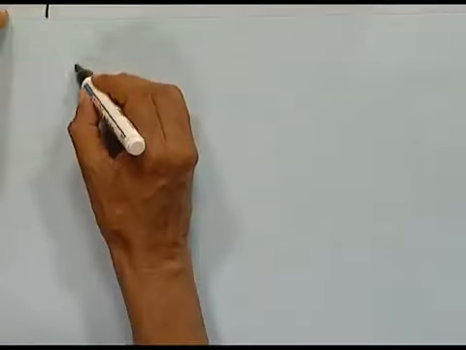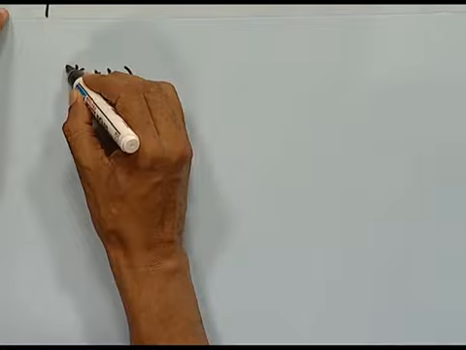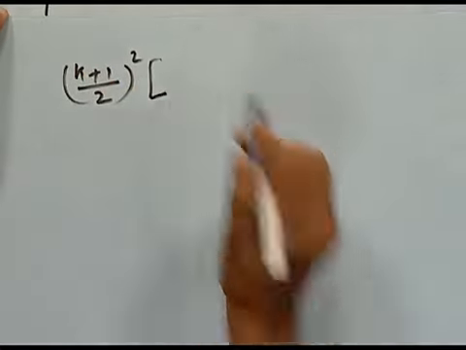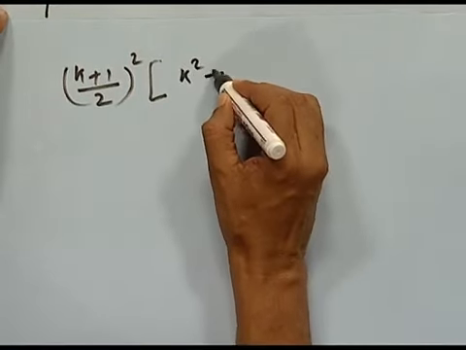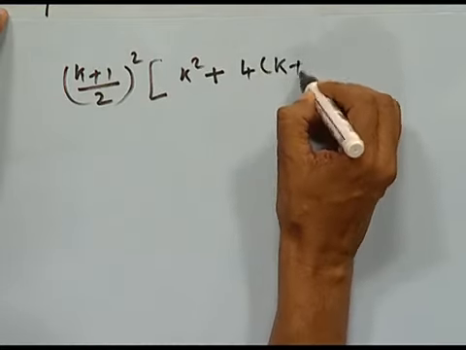Right side equals ((k+1)/2)² times (k² + 4(k+1)).